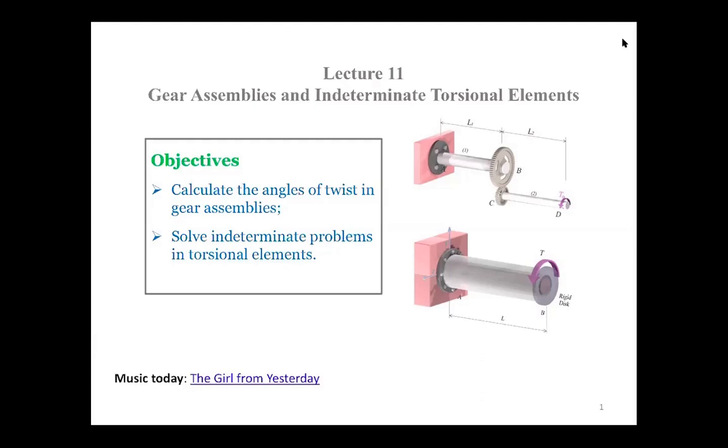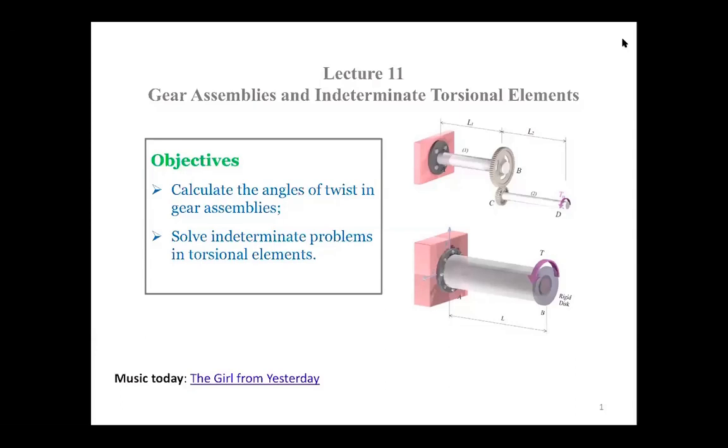I have mentioned in the beginning of this chapter and at the end of last chapter that you have to understand the basic principles to solve indeterminate problems, since later we will have indeterminate torsional elements and indeterminate beams. But the principles to solve these indeterminate problems will be the same. This means you cannot find enough equations to solve internal forces based on equilibrium equations.